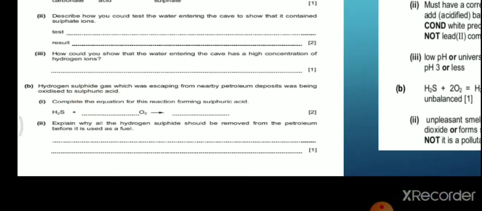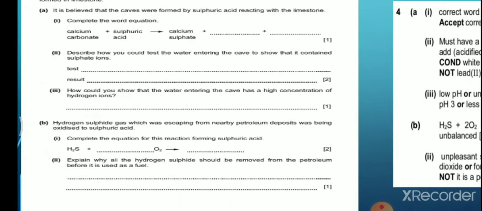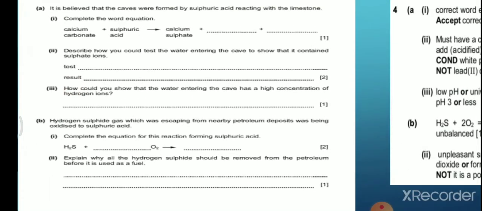Next question here. Hydrogen sulfide gas which was escaping from a nearby petroleum deposit was being oxidized to sulfuric acid. Complete the word equation forming sulfuric acid.